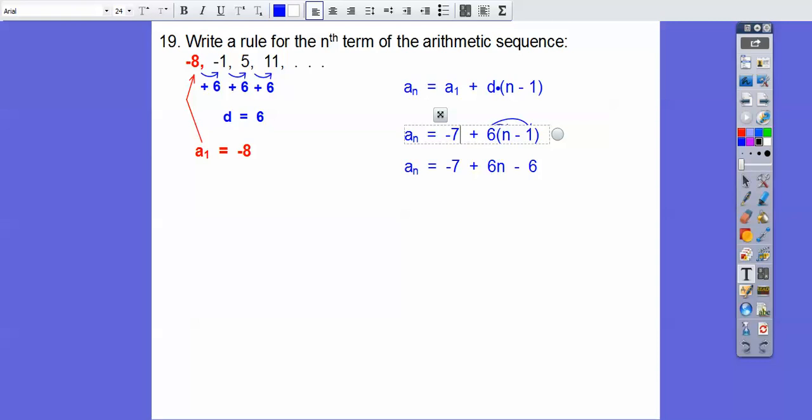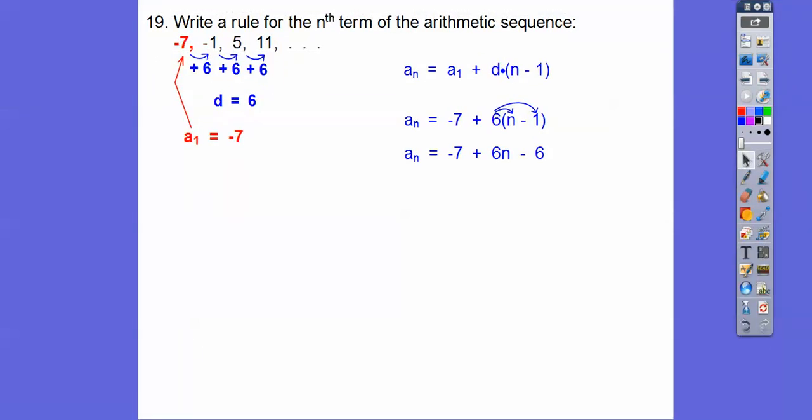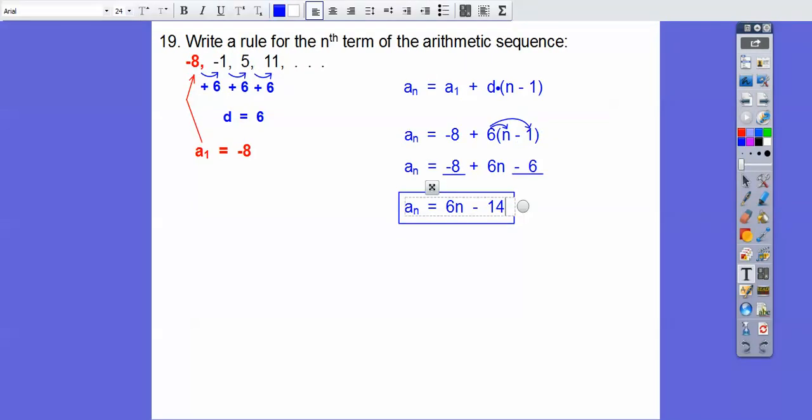Some of you guys like it when I make mistakes, so I got to go slower in the videos. Got to go slower in class too when I do this, and some kiddos like that. Okay, and then I'm going to combine all the like terms. So right here, negative 7 minus 6 is going to be negative 13. So I'm going to call it 6n minus 13. Okay, so there it is, right there, 6n minus 13.